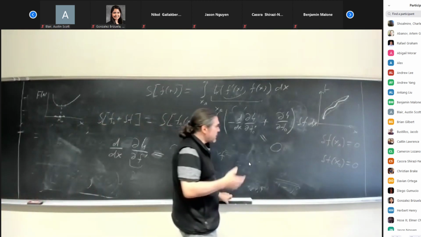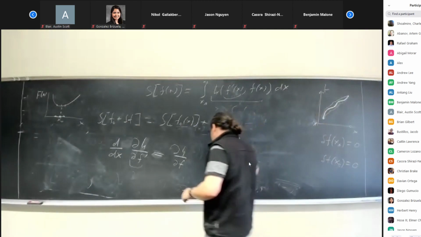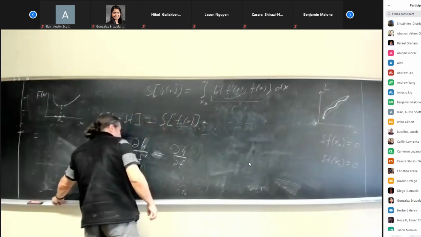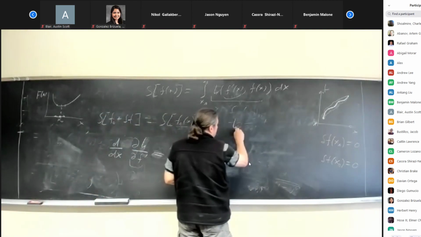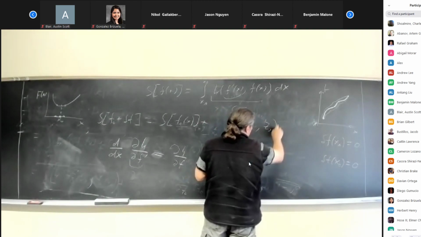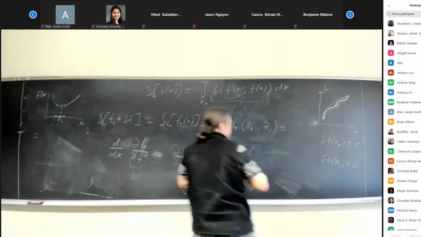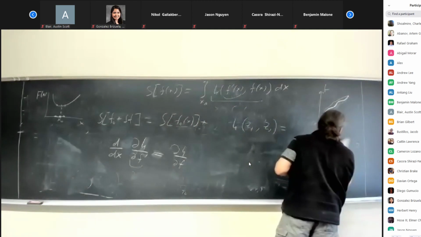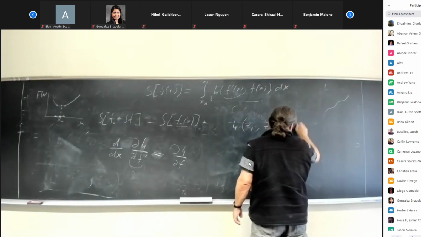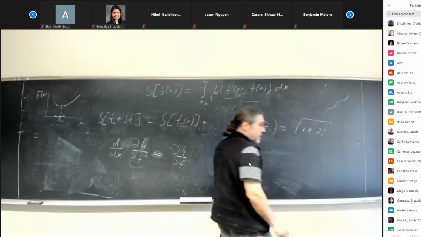Okay. So let me do it real quick for the functional which we just discussed, the length. What we have there for the length is that function L of the first argument z1 and the second argument z2 equals the square root of 1 plus z1 squared. Remember, that's the length of my path. Now I take this and differentiate with respect to the first argument, which is z1. What I have is z1 divided by the square root of 1 plus z1 squared, right?